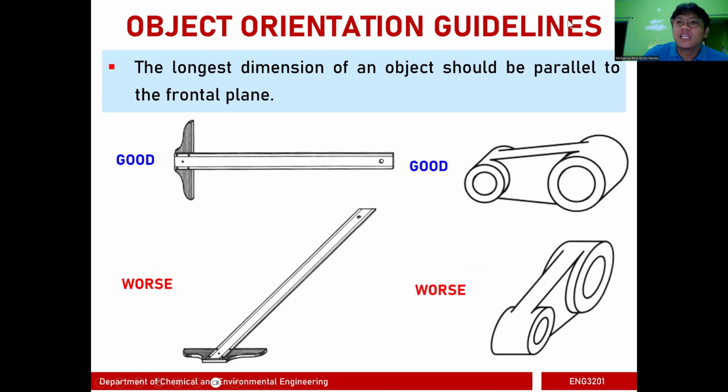Again, the object orientation guideline also applies for multi-view projection. The longest dimension of an object should be parallel to the frontal plane. So these are good. This is not good because, number one, for this particular object, the important feature to highlight here is this. This should not be distorted.